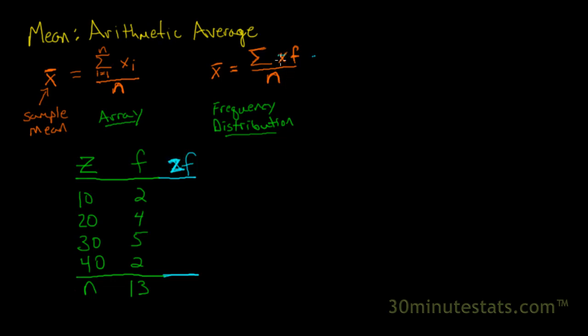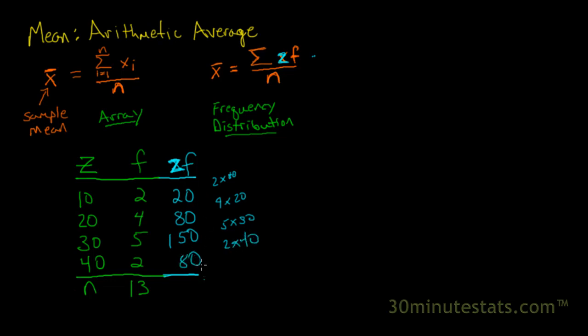And our formula up here would be z times f. So we can multiply the value of z times the frequency, and so we'll get 2 times 10 is 20, 4 times 20 is 80, 5 times 30 is 150, and 2 times 40 is going to be 80.